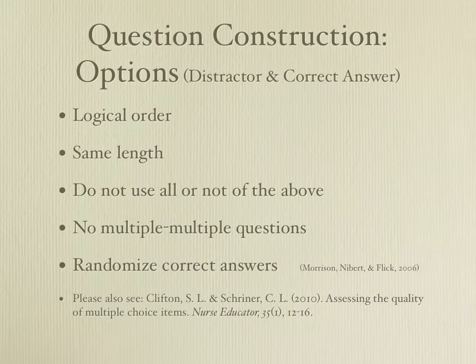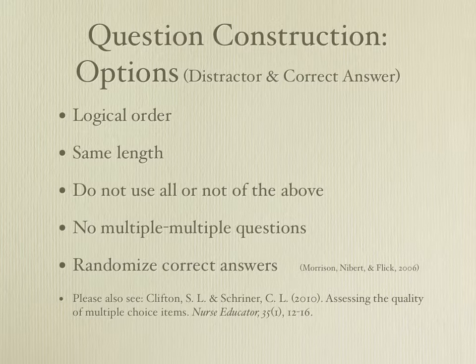When you look at the validity and reliability of an exam, if there are options that very clearly are not the right answer, say you have 4 options listed, and students are very easily able to pick up that option A is not the correct answer, that takes away from the validity of that exam. So you want to try to make sure that you have 4 or 5 plausible options.